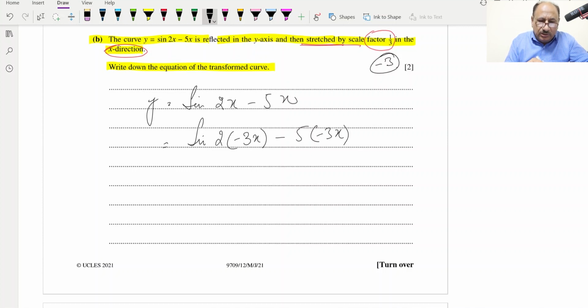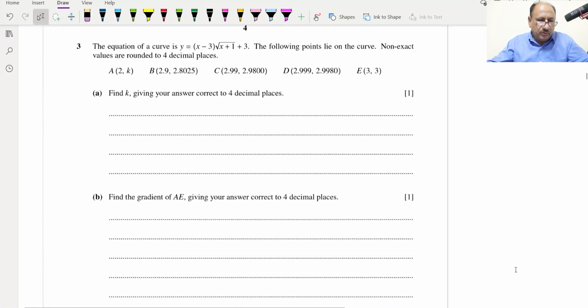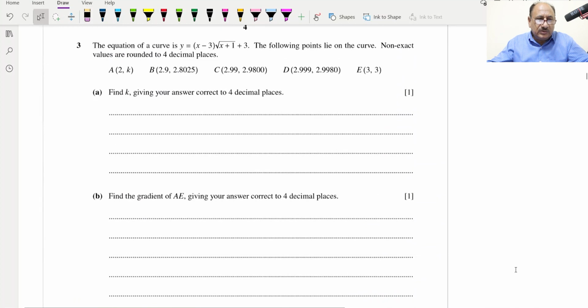So our equation will become sin minus 6x, so minus sin 6x and plus this will be 15x. 5 into 3 will be 15, and this will be our final equation after transformation. Hopefully you understood this.